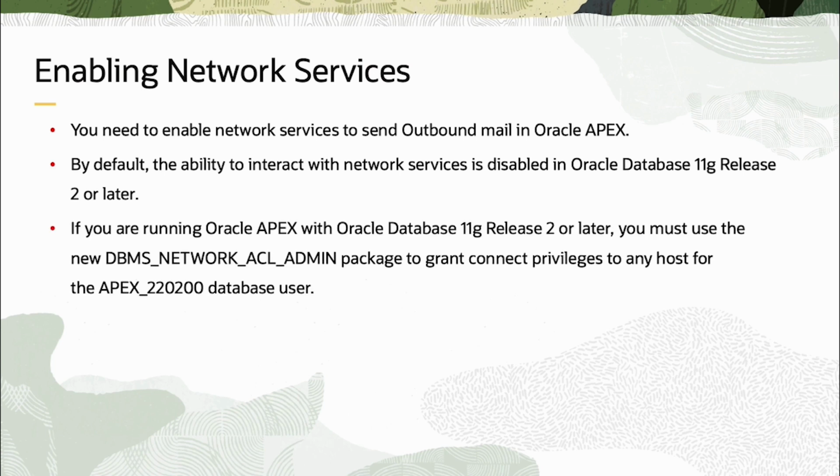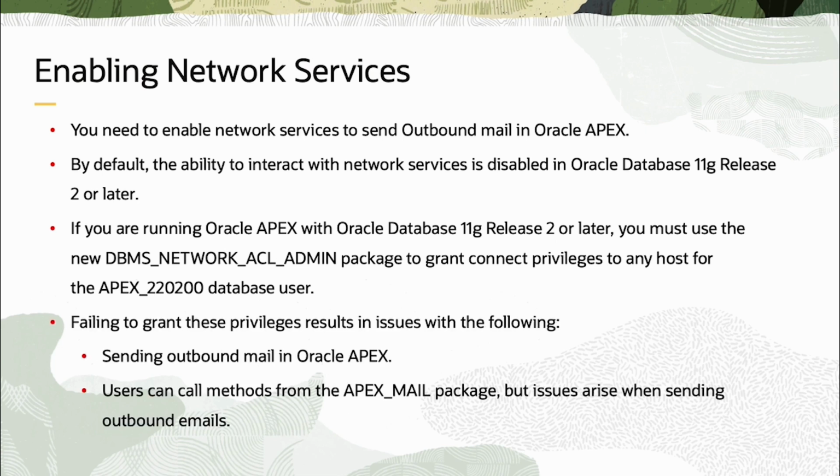You can do that by using the DBMS_NETWORK_ACL_ADMIN package to grant necessary connect privileges to any email host for the Apex database user. In the absence of these connect privileges, you will face issues while sending outbound emails in Oracle Apex. If your emails are not being sent, you may want to check the network services whether or not they are enabled and the necessary privileges are granted to the database user.